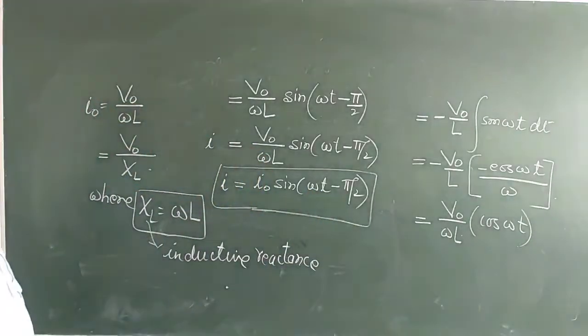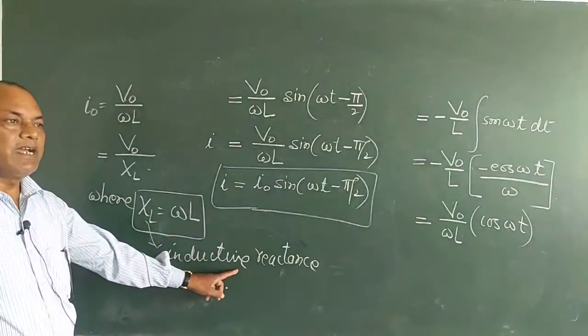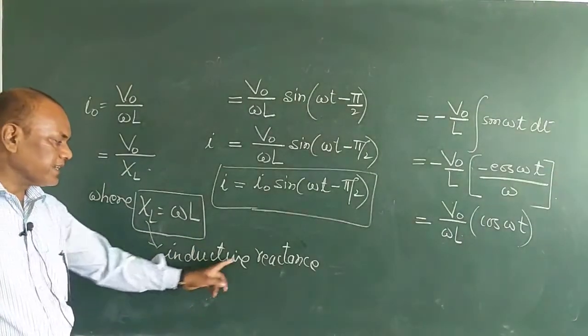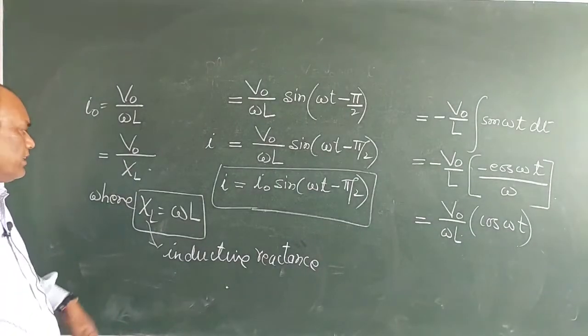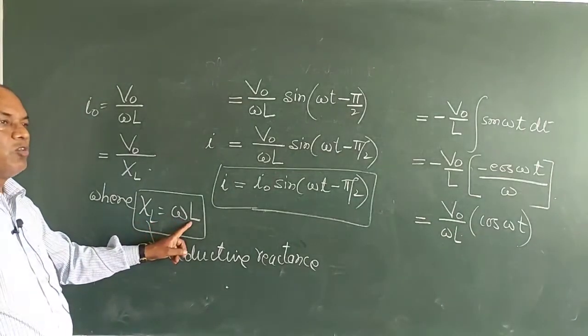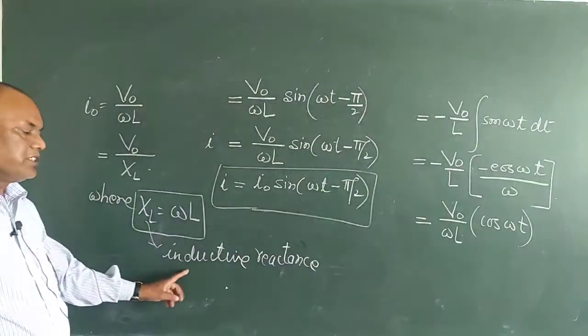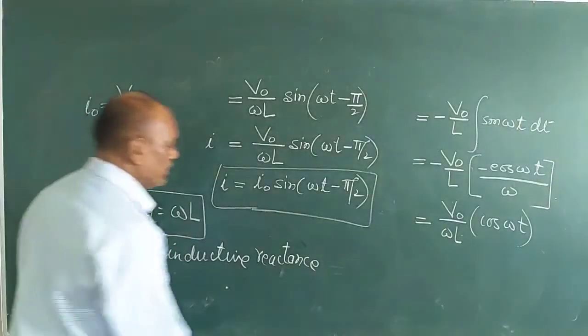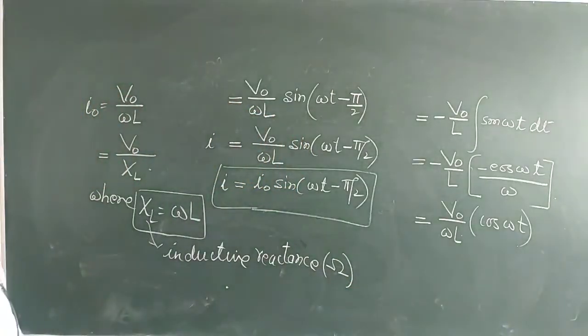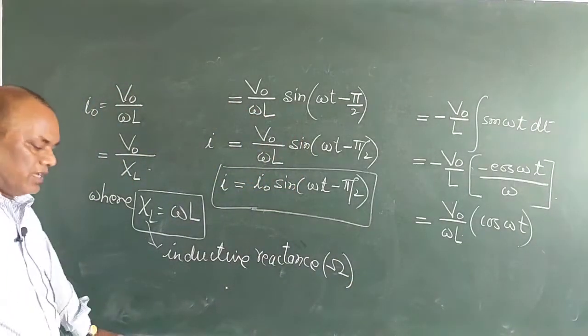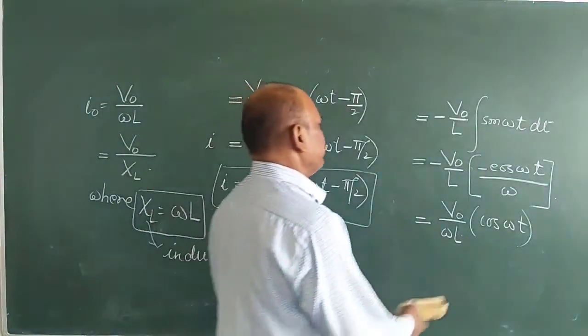It behaves as a resistance, but its name is changed in the case of an inductor. Its unit is ohm. So it is a resistance for the circuit where L is connected to AC mains.